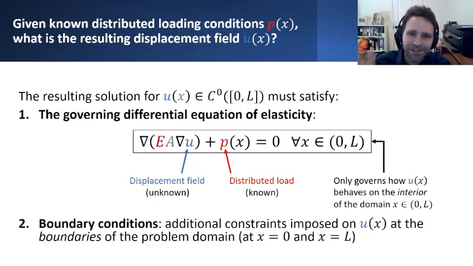In addition to having to satisfy these governing differential equations, satisfying equilibrium everywhere along the length, we also have to introduce boundary conditions in order to actually come up with existent and unique solutions to this particular problem.